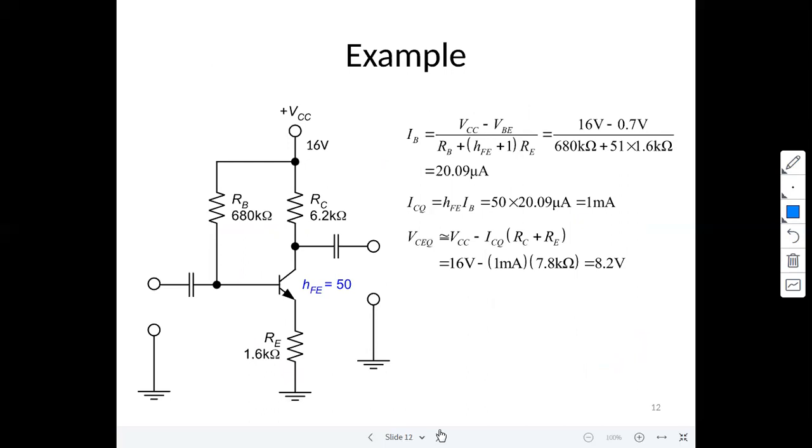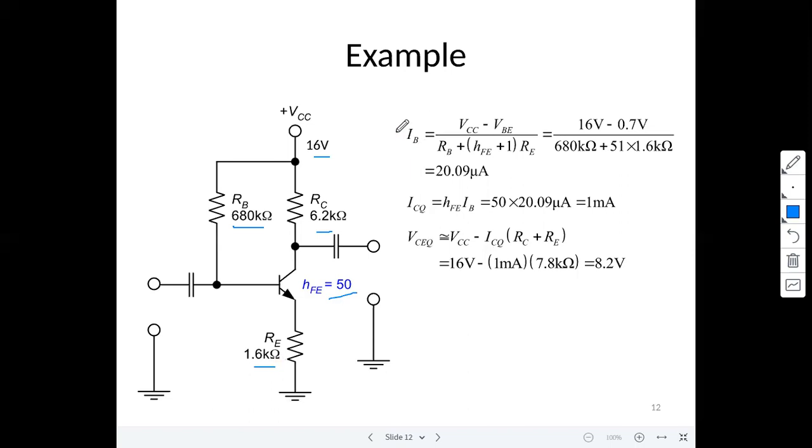We can take some example here. Given VCC is equal to 16 volts, base resistor 680 kilo ohm, collector resistor 6.2 kilo ohm, HFE is equal to 50, and emitter resistor is equal to 1.6 kilo ohm.